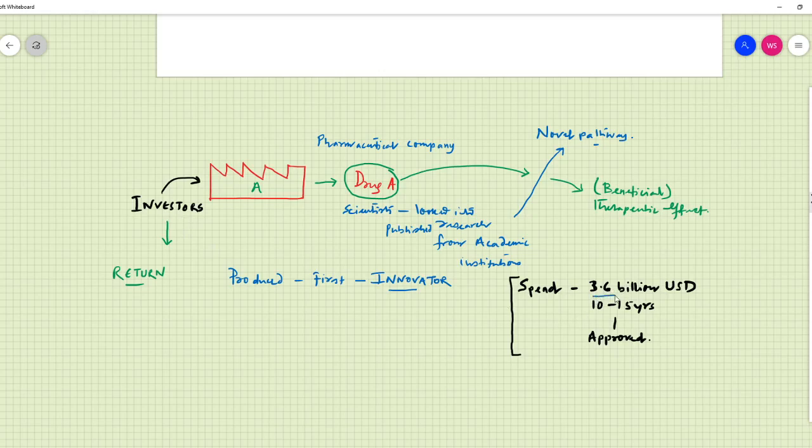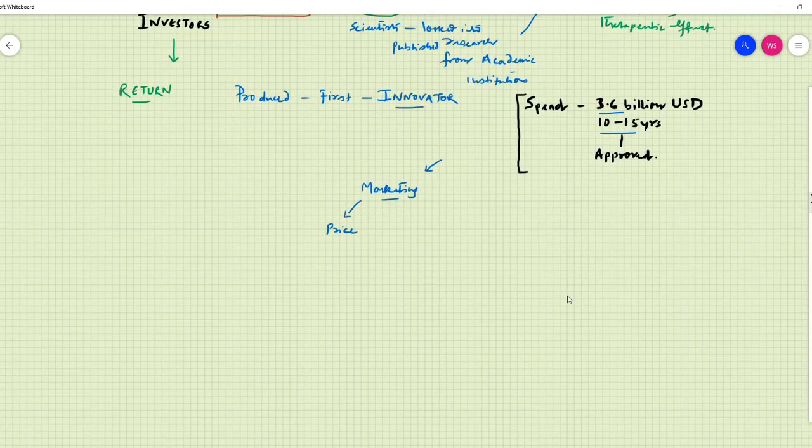So they have put in $3.6 billion and they've put in this much of time, and then they start marketing it. Okay, so to market it, they have to price it. So they price it. So how do they price it? They look at whether it has to be affordable. At the same time, it should generate a profit. Okay, so that is how the market works.